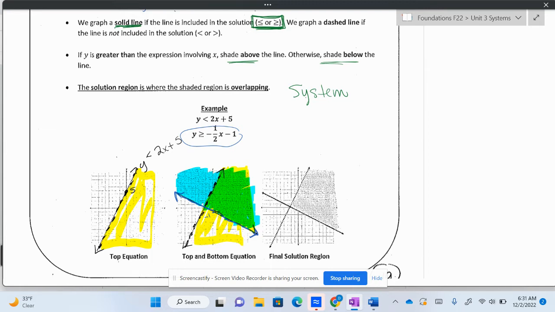I'm using highlighters, and that's probably the most effective way.